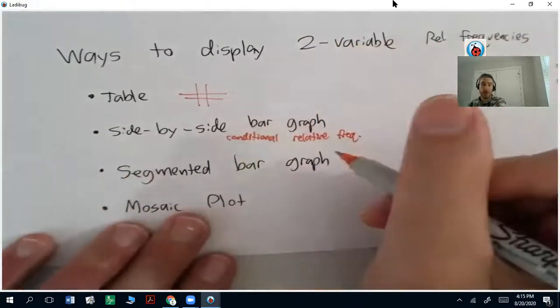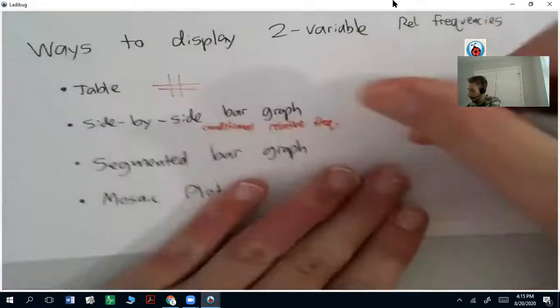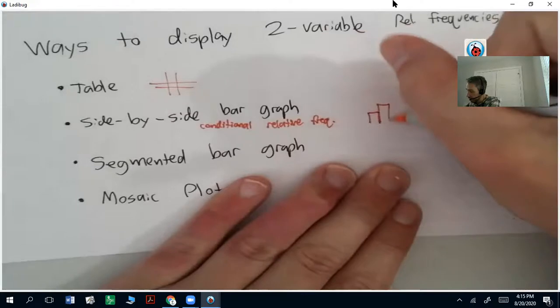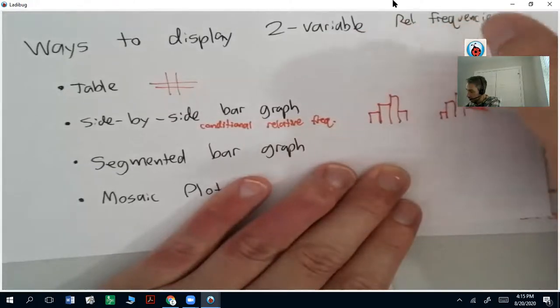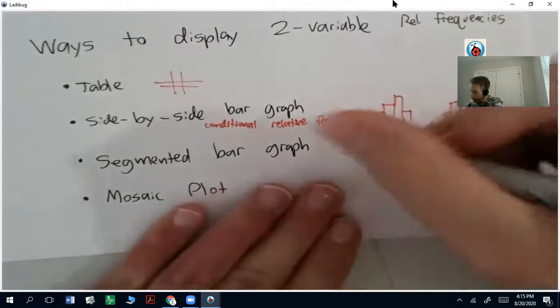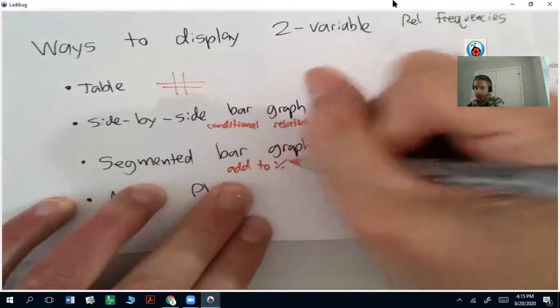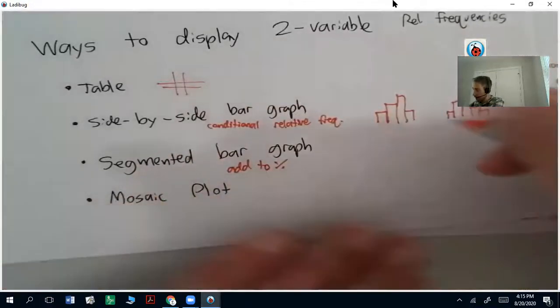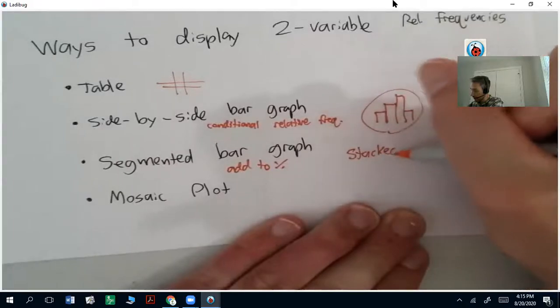You can do a segmented bar graph, which is basically the side-by-side bar graphs stacked up against each other. Kind of cool. I like the segment because they always have to add to 100%. And it has to represent all of the data here combined and stacked on top.